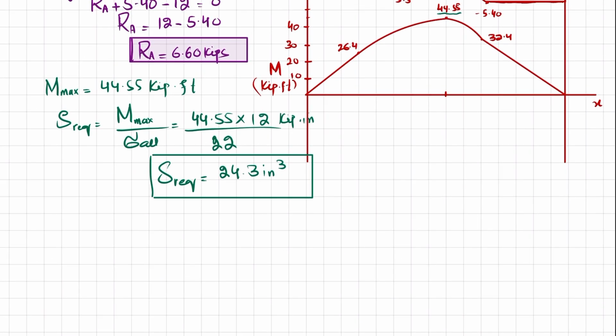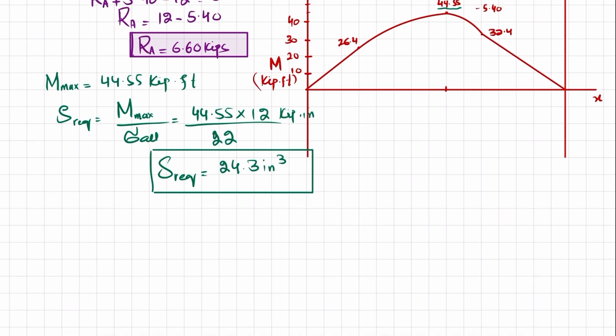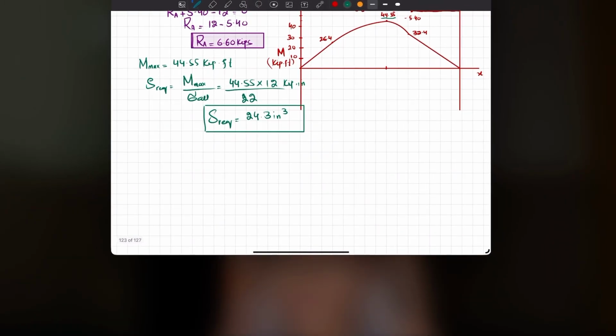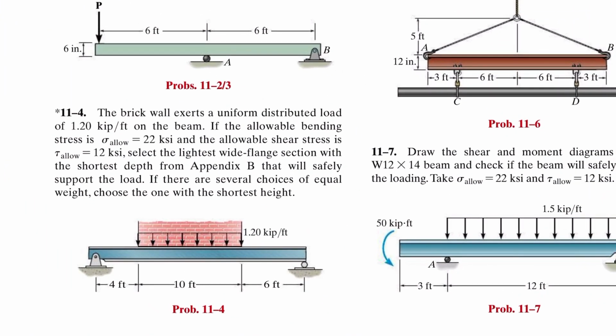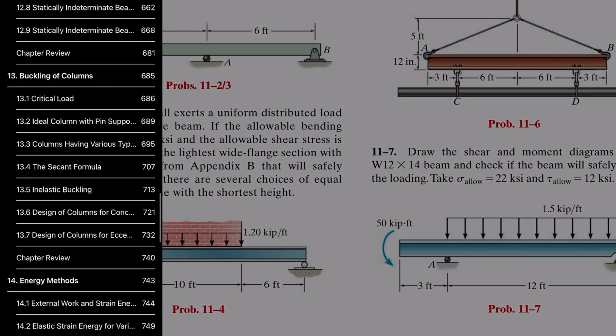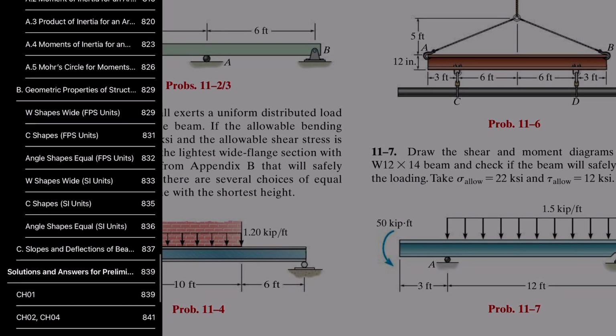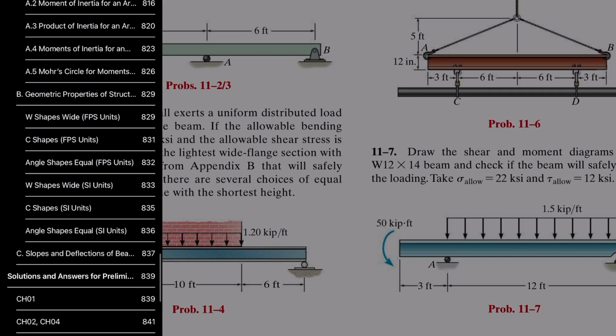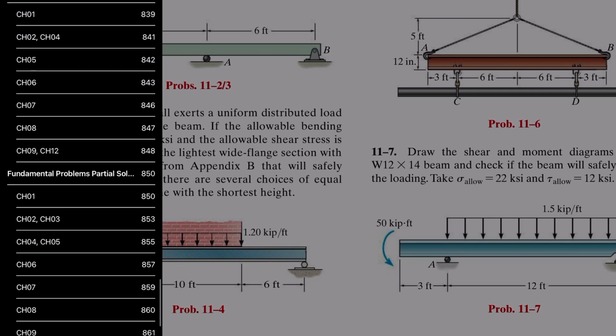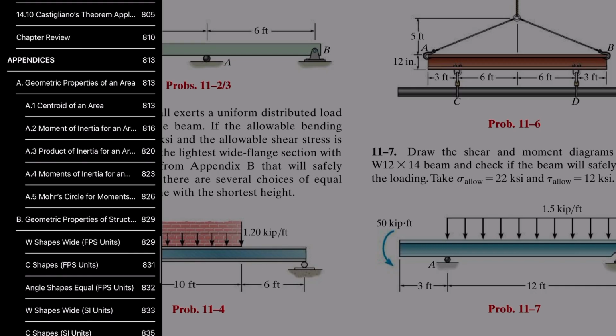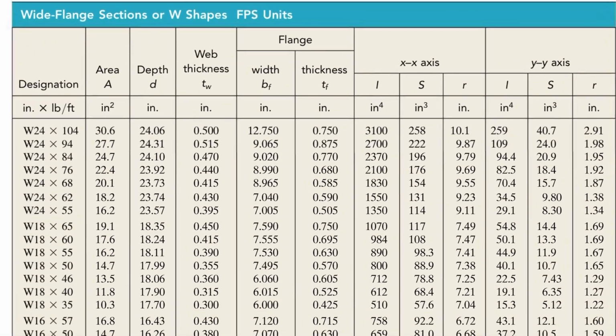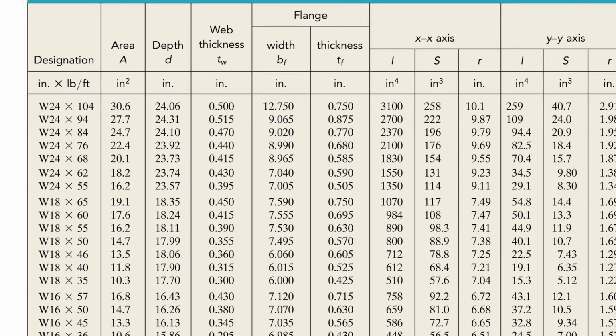Now with the help of this required section modulus, you will go to Appendix B at the end of this book. So we'll move toward the book and check the required or alternate wide flange beam. So this is Appendix B, that is about wide flange sections.